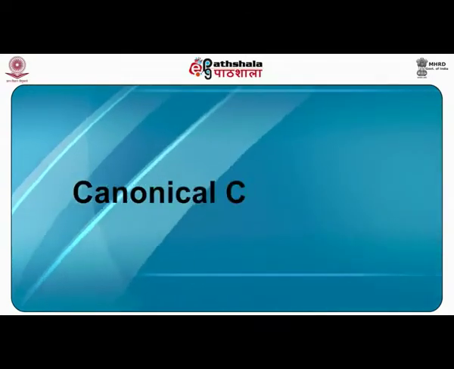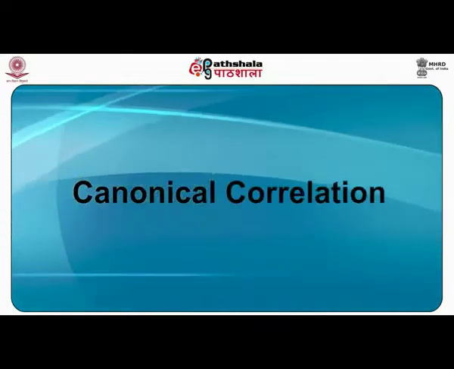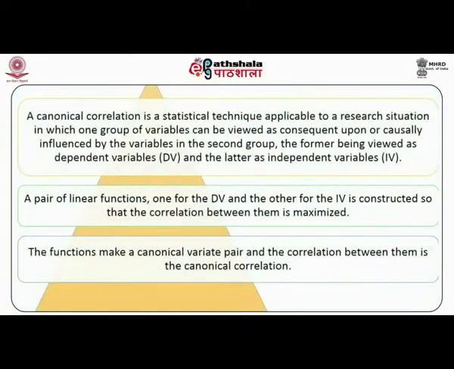We shall look into the canonical correlation, what it is. A canonical correlation is a statistical technique that is applicable to a research situation in which one group of variables can be viewed as consequent upon or causally influenced by the variables in the second group, the former being viewed as the dependent variables and the latter as the independent variables.